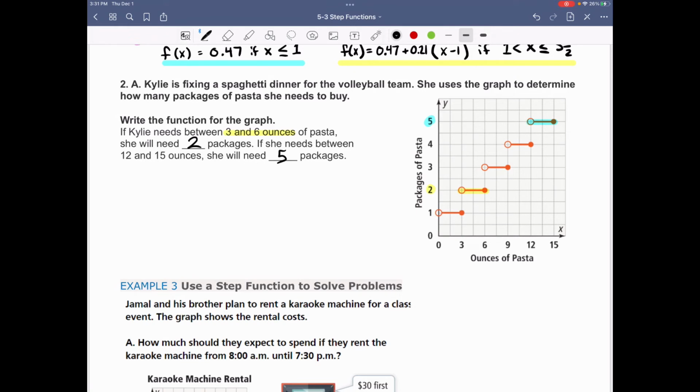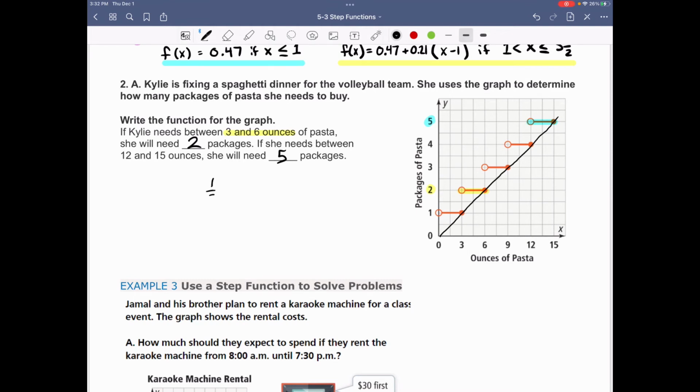For 3 ounces, she needs 1. For 6 ounces, she needs 2. So I would say like we're multiplying. Let's find our slope here. Going up 1 over 3, up 1 over 3, up 1 over 3 to get these dots. So our slope is 1/3.